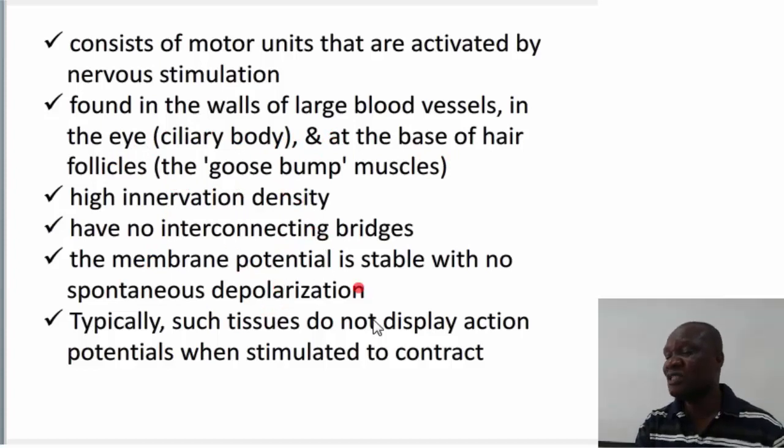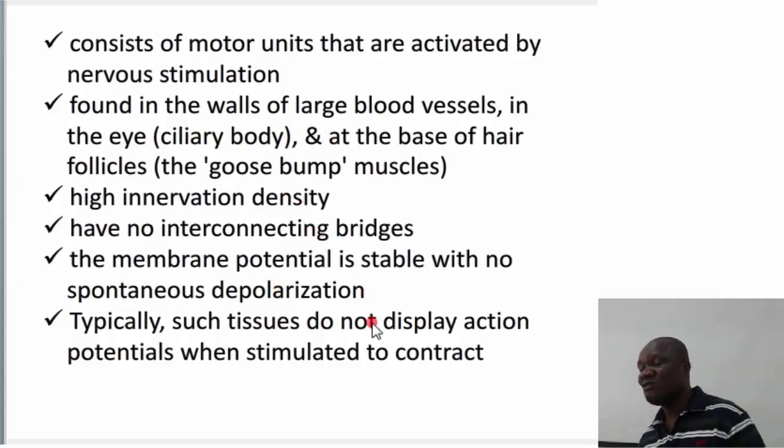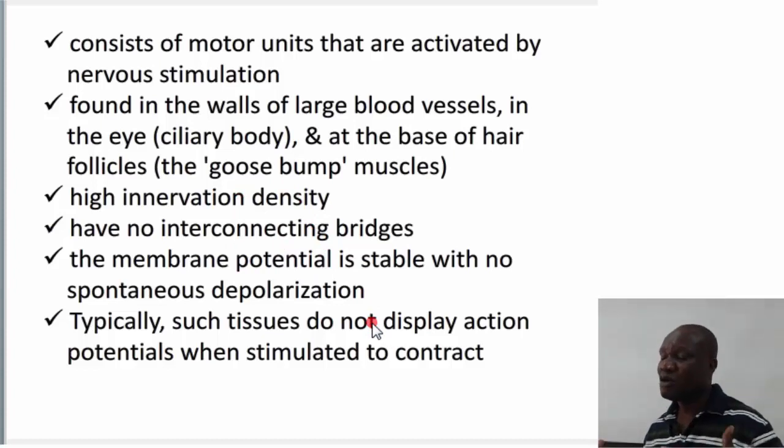They do not have interconnecting bridges, like gap junctions that would allow electrical activity to move from one cell to the other. The membrane potential is stable. They cannot generate action potentials spontaneously, and they do not display action potentials when stimulated to contract.